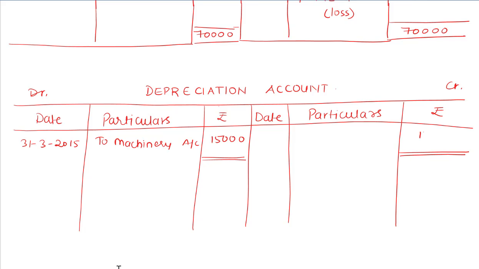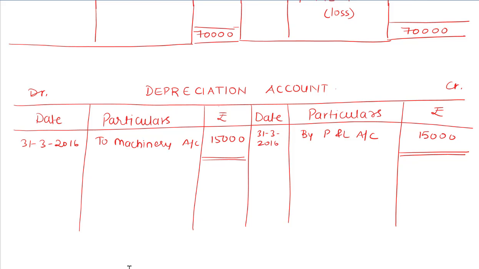Over here, this 15,000 would be transferred to profit and loss account. So 31st March 2016, this would be transferred to profit and loss account by P&L account.